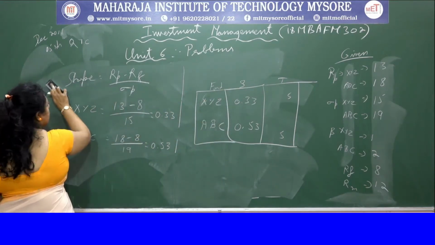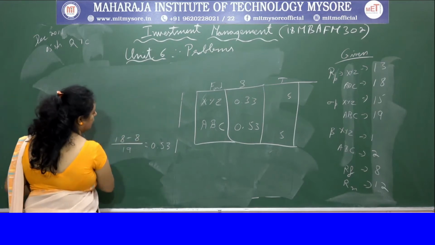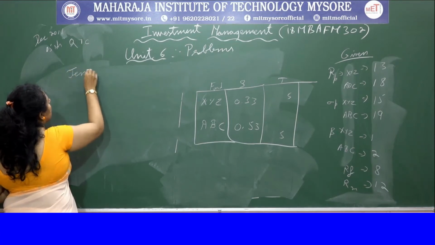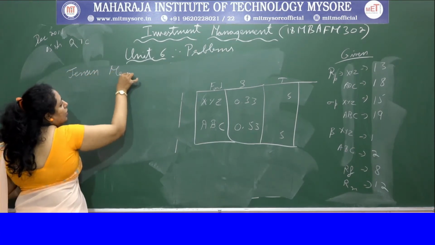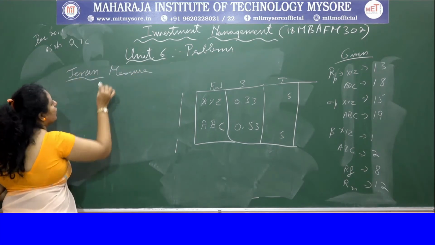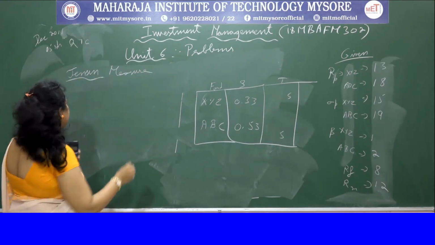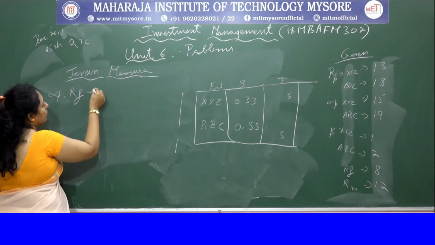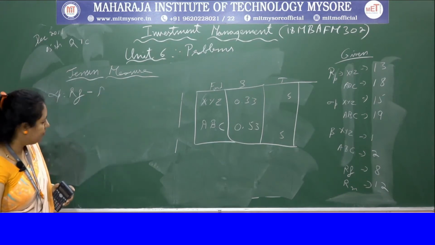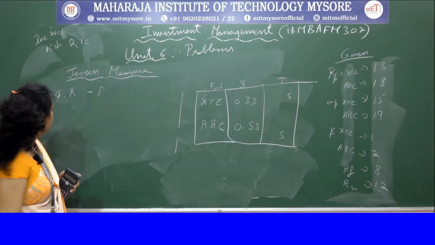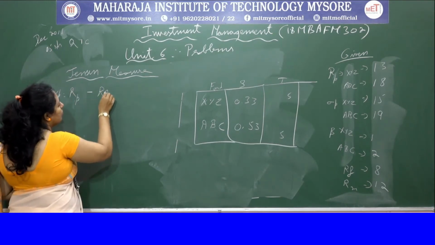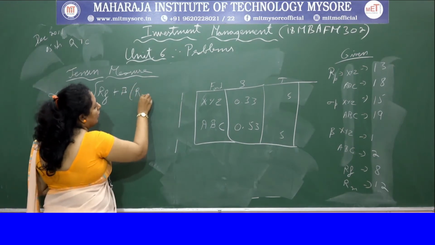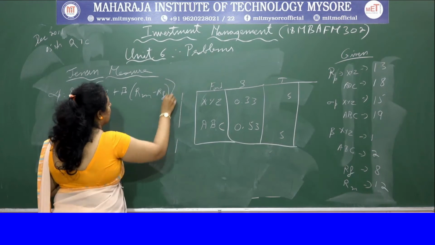Okay, let's do Jensen's measure. I'll write the formula for that: RF plus beta times RM minus RF.